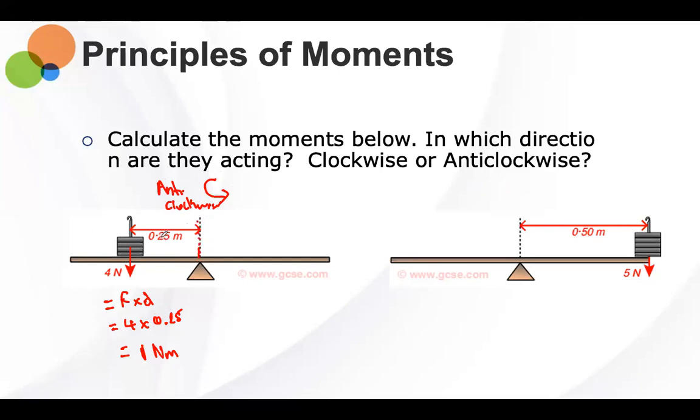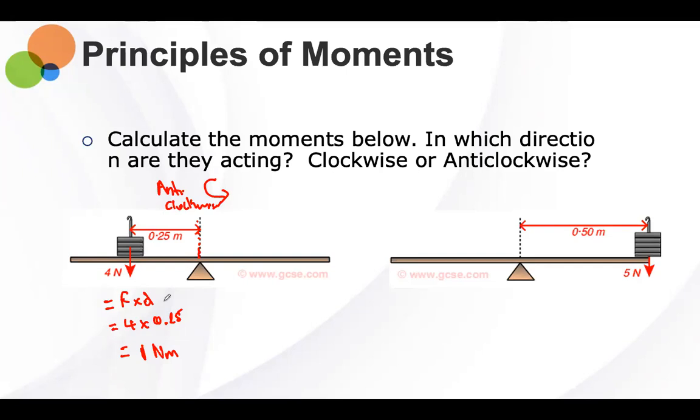To calculate our moment, it is force times distance. Our force is 4 newtons, and our distance is 0.25. So it will be 4 times 0.25, and of course we get 1 newton meter.